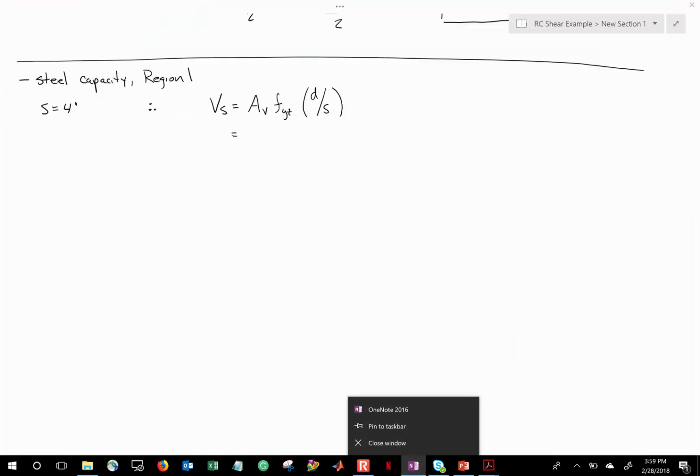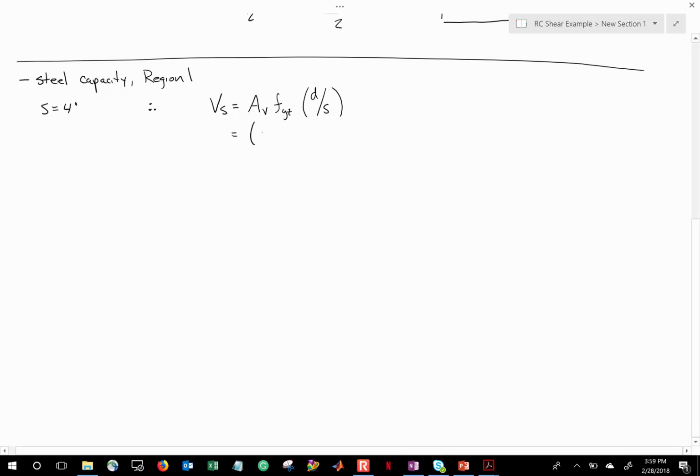So for AV, instead of using 0.11, I'm going to use 0.22. Fy, take that as 60 ksi. And as for D over S, that is 24 inches over S, which in this case is 4 inches.